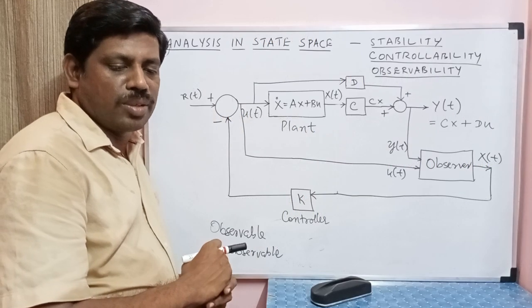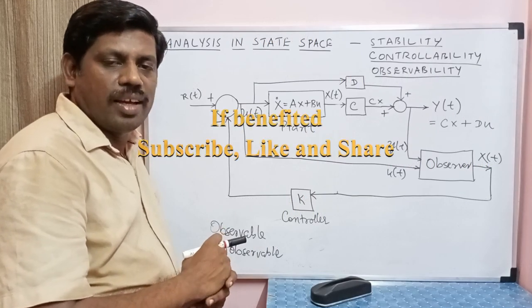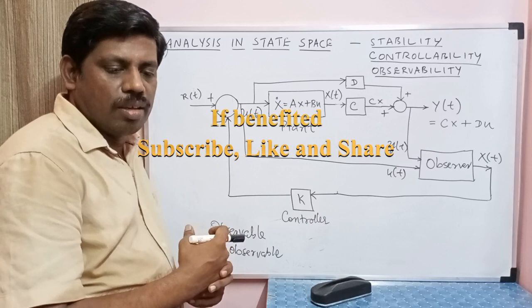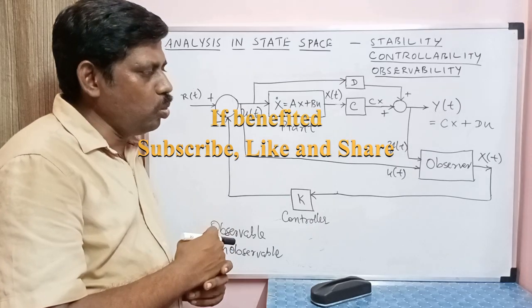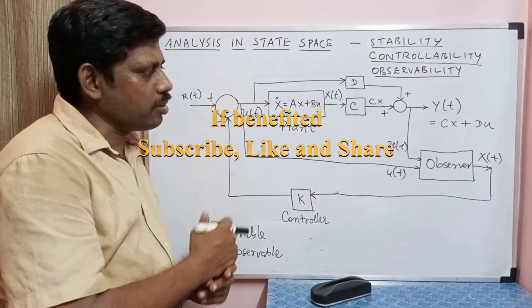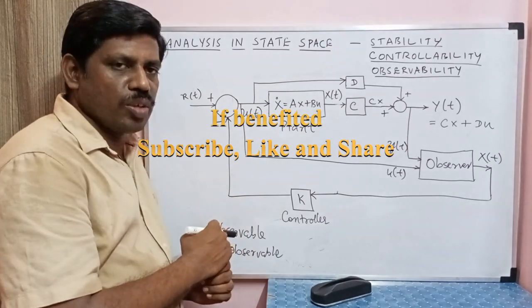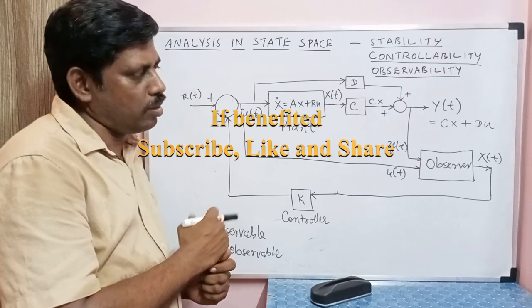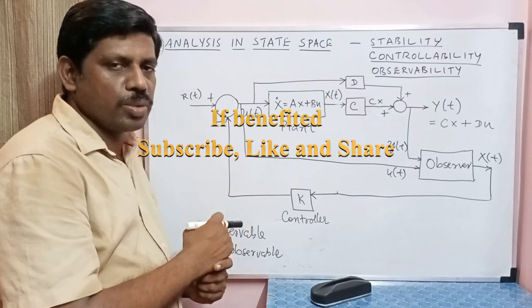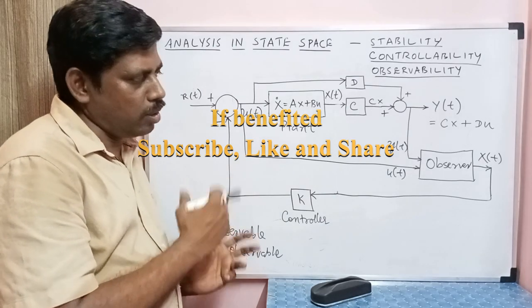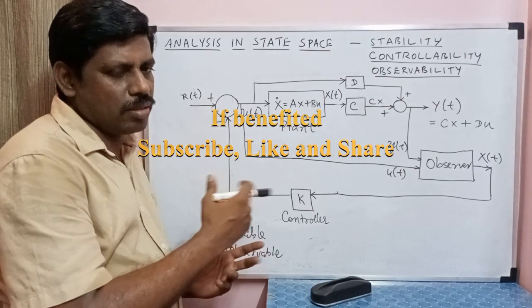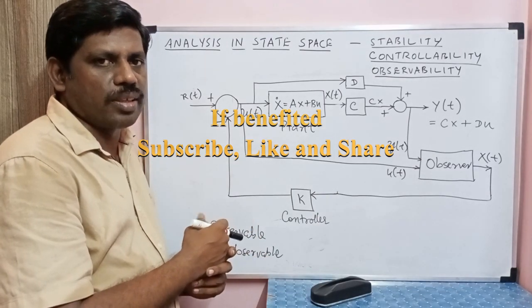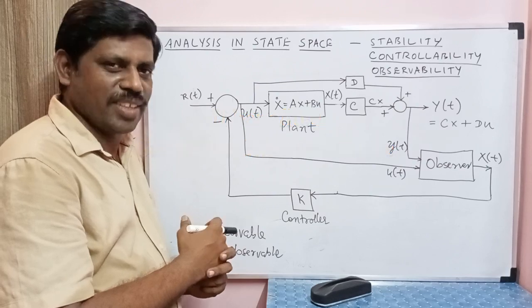With this, let us conclude this lecture. We will see how we can test whether a system is controllable or observable in the next lecture, along with some numerical examples. Thanks for watching.